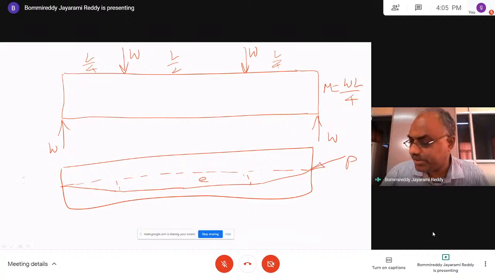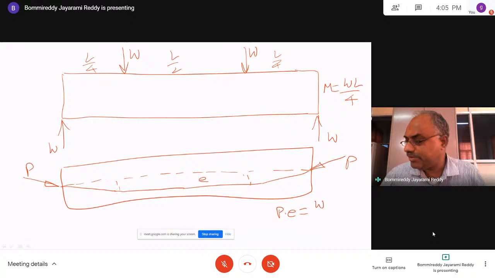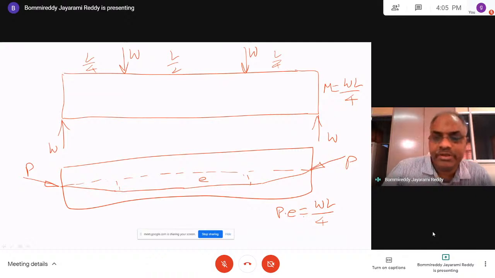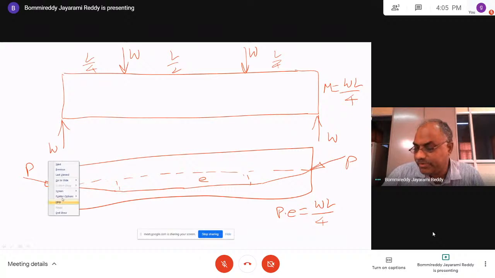It is P and P, the compressive force P. So here, the equation similar to that is P into e equal to WL divided by 4. And from this equation, you can compute any unknown parameter in the examination. So this is how the load balancing concept works in pre-stressed concrete.